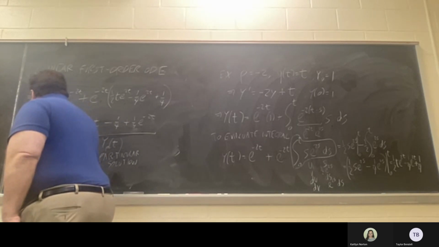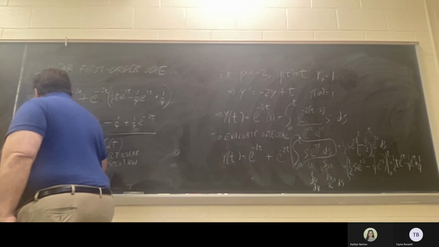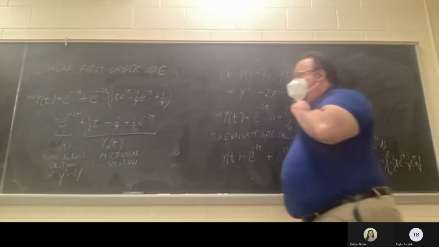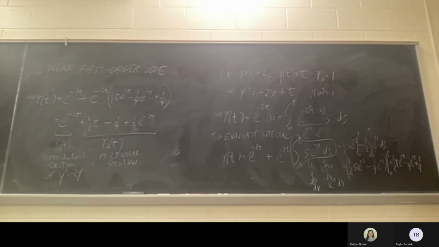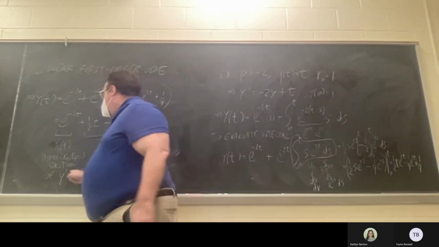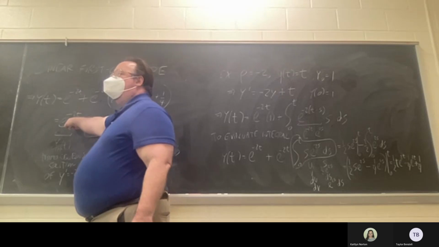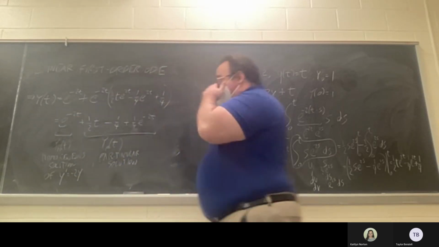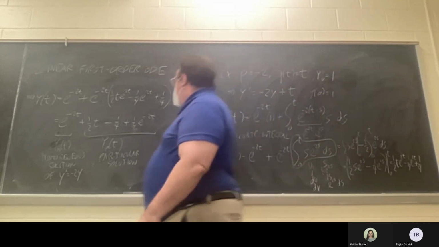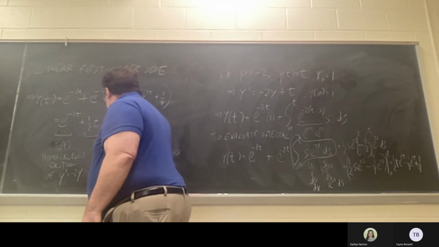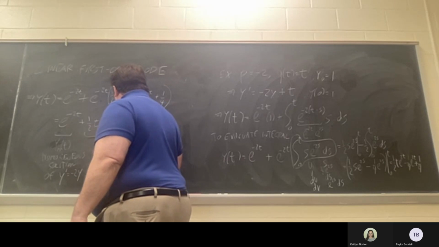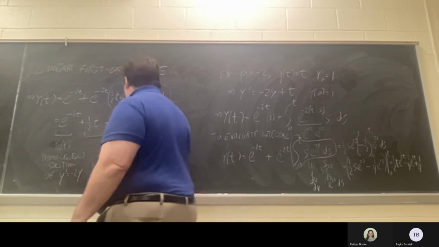Yh of t is a homogeneous solution of the ODE y prime is equal to minus 2y. So any solution of y prime equals minus 2y is this exponential times a constant. This part is a particular solution of the ODE we started with, y prime is equal to minus 2y plus t.